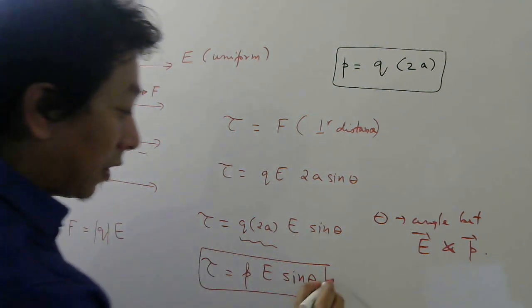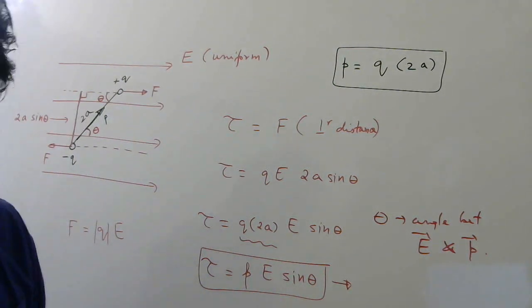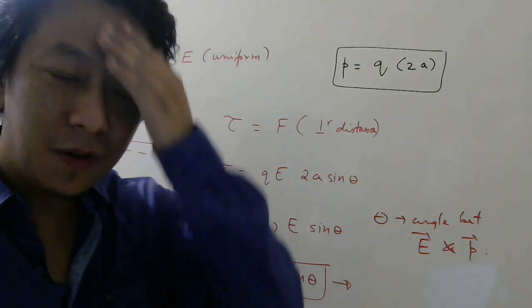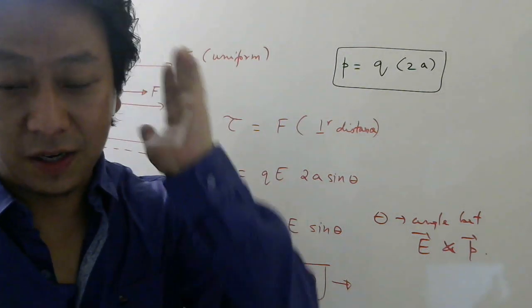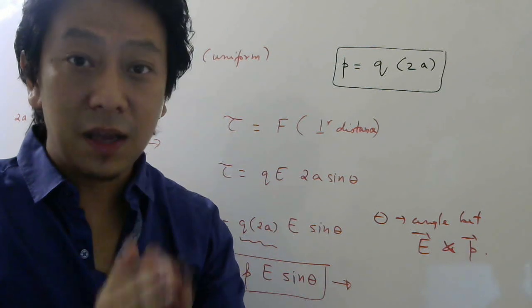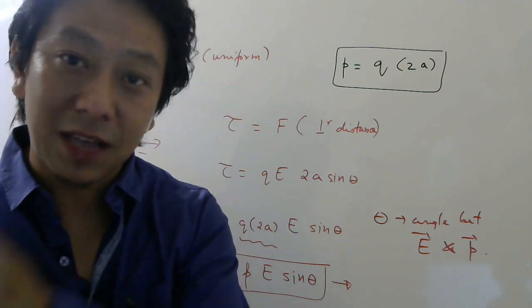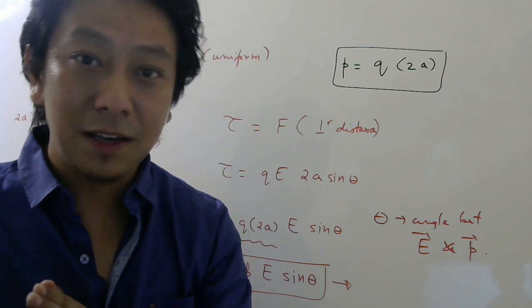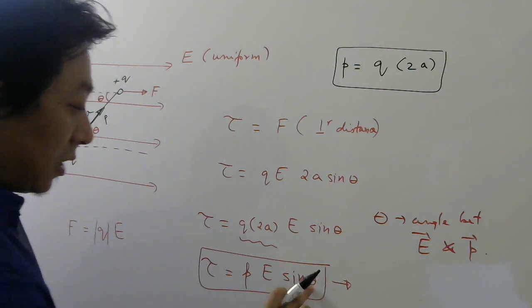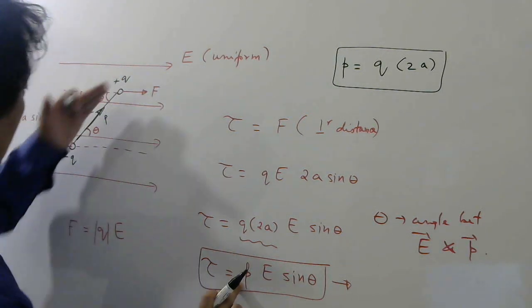Okay. In vector form, if you want to write, then you have to again go back to vector chapter in first PU. There you will learn about cross product of two vectors. So a bar cross b bar, which is also a vector, is given by in magnitude ab sine theta, where theta is angle between a and b. So similarly, in this theta is angle between p and E, right?